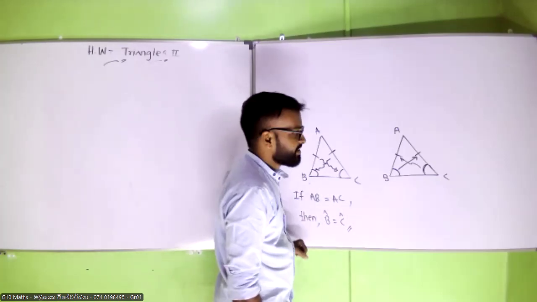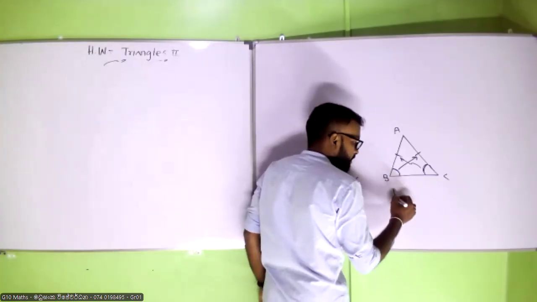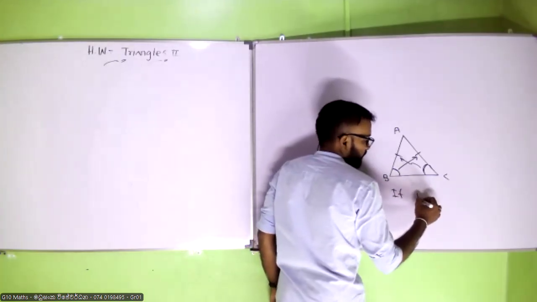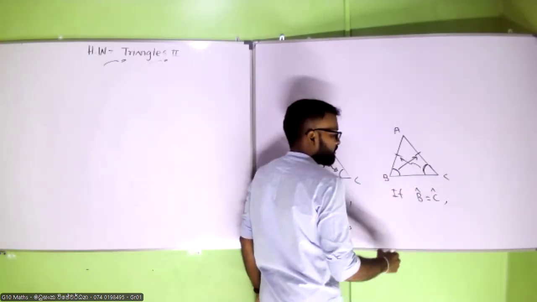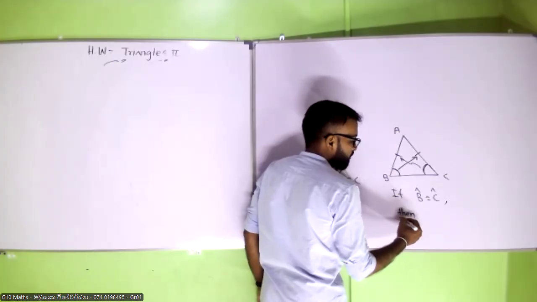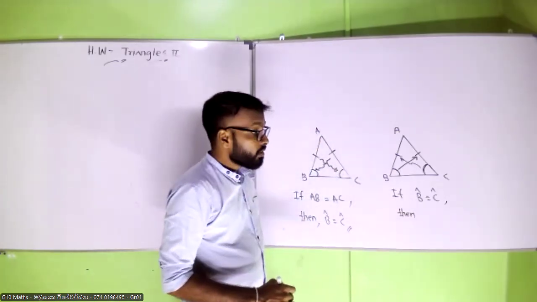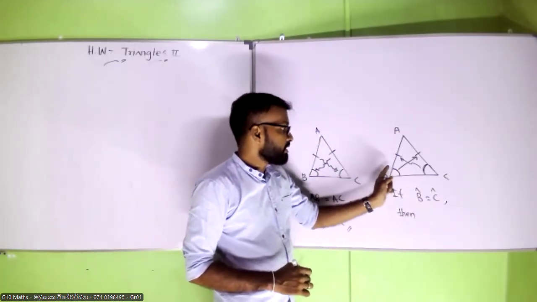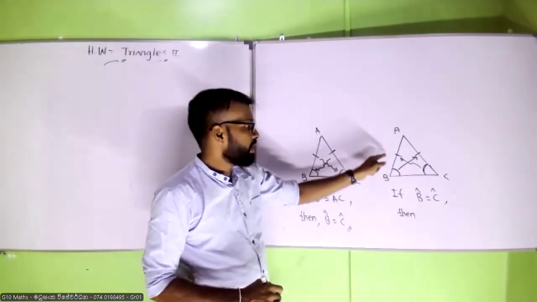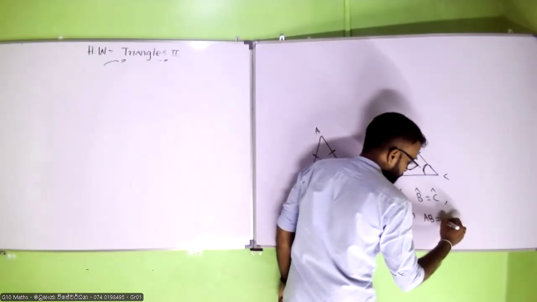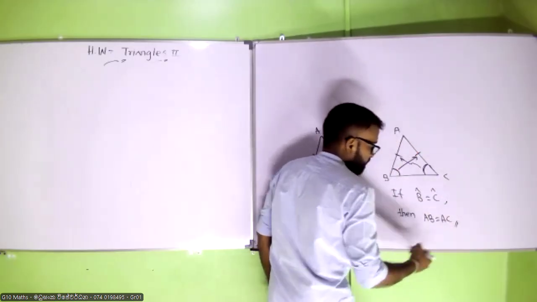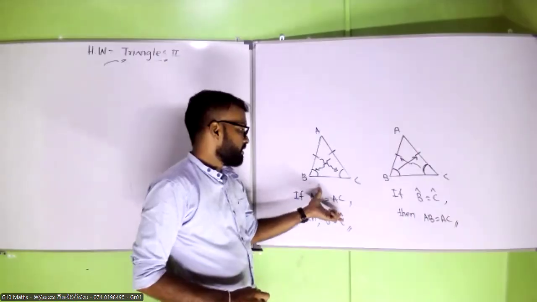Right. Converse. Now they have given you if angle B equals angle C, then what would happen? If angle B equals angle C, I can say then AB equals AC. So this is the converse.